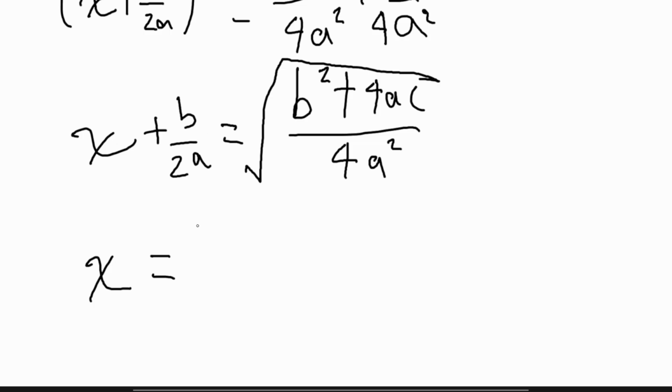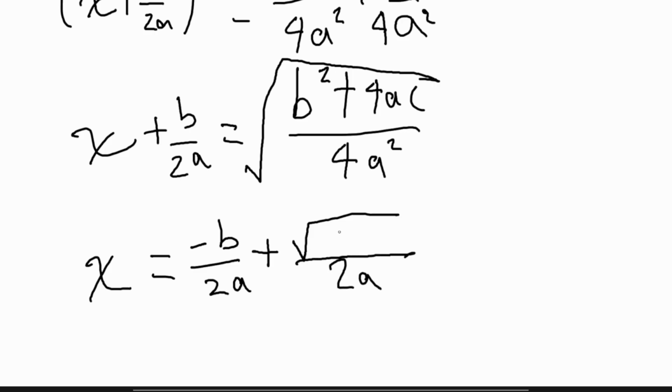So when we move this to the other side, we're given negative b over 2a, then add. And unfortunately we can square root the bottom since 4a squared is a perfect square, so we can do 2a here. And because square roots have a positive and negative solution, we'll put a plus minus right here. Then keep b squared minus 4ac under that square root.